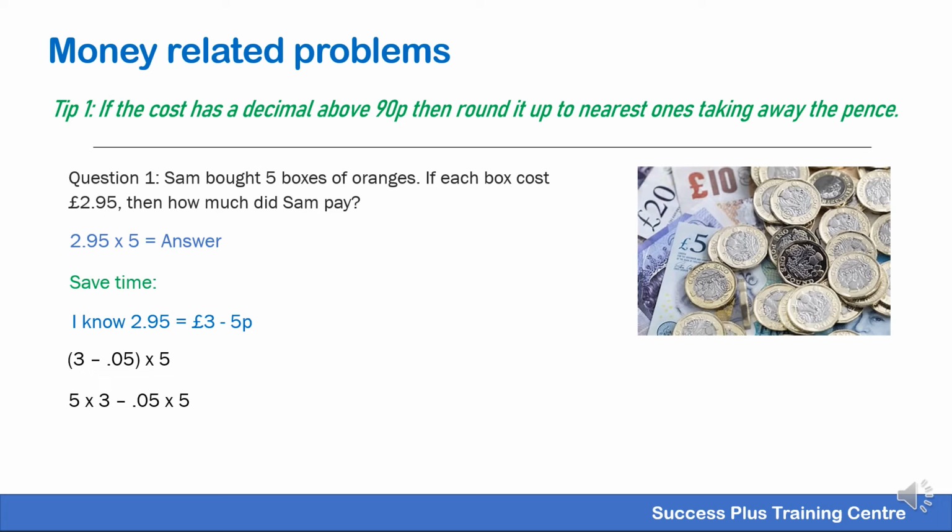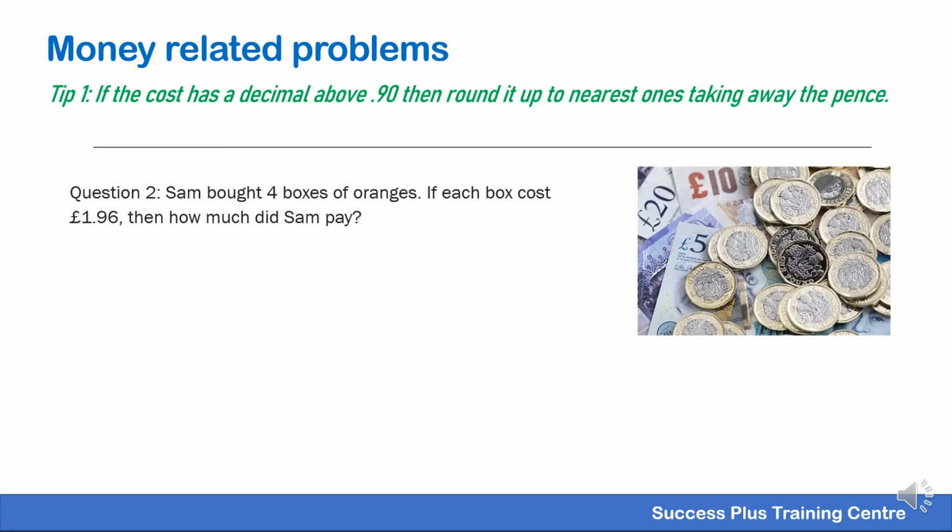To solve this equation, you must times everything inside the bracket by 5. In our case, we times 3 by 5, take away 0.05 times 5. This equals 15 take away 0.25, which should equal 14.75. This means it's £14.75.